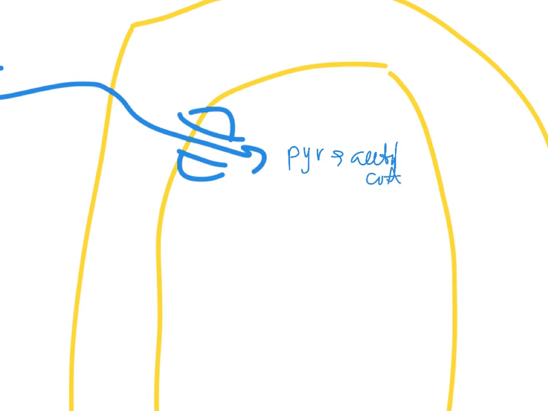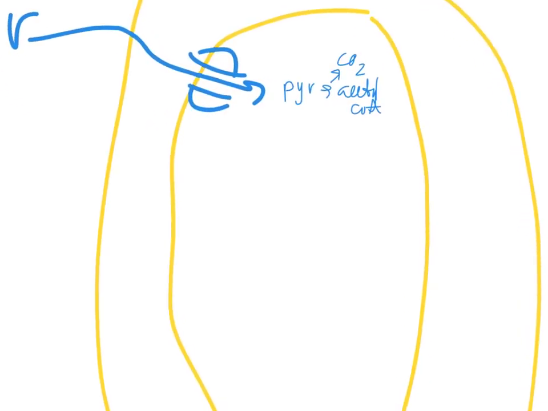Partially broken down by the PDC, but from the PDC, this acetyl-CoA goes into the TCA cycle, and I'm going to go malate to OAA here, and then it just keeps going around and around and around.